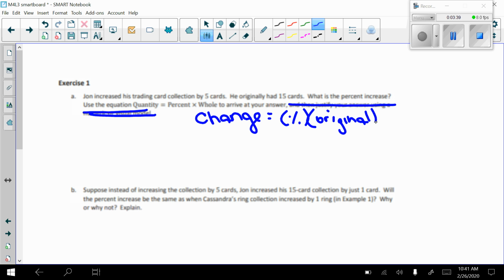So how much did John's collection change by? It increased by 5 cards. It wants to know the percent increase. So our percent is X. And he originally had 15 cards.